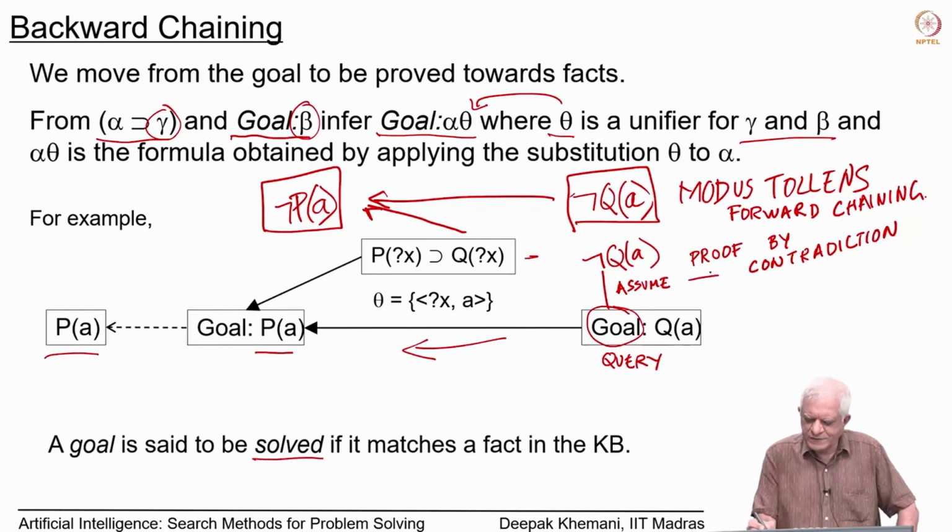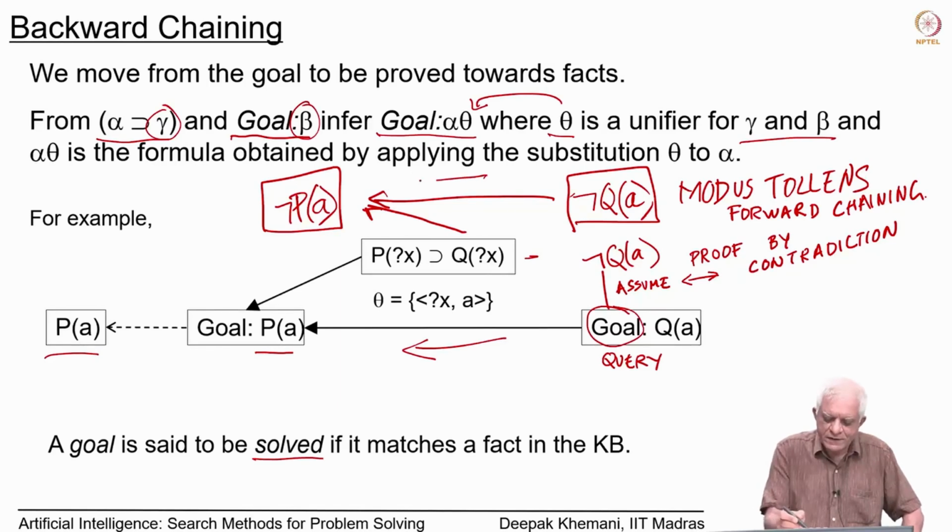and that is the process of proof by contradiction, that you assume that what you want to show is false and then show that that leads to a contradiction. So, if you take now not Q of A as a fact because we have assumed that it is true, we now go back through this process of modus tollens to come to this. What have we shown?